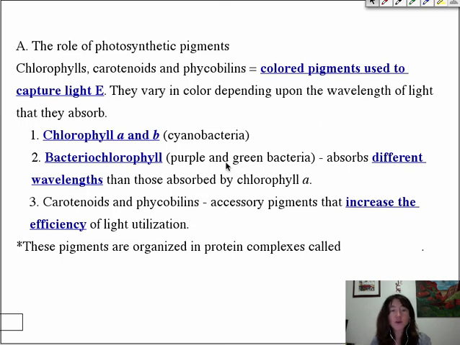So with the green and purple bacteria, that's actually the accessory pigments that we're seeing. So you might ask, are these pigments just like a mishmash, hanging out in the middle of the cytosol of a cell, like in the middle of cyanobacterial cytosol? No, they don't. They're very highly organized into complexes that are called photosystems. And that's where we're going to go next, looking at these photosystems.